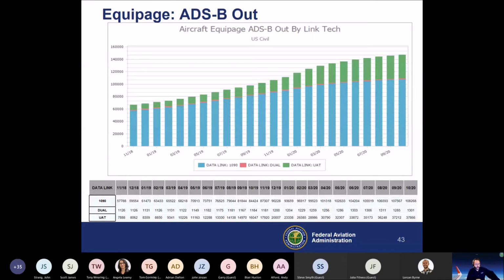What we saw around that time was the introduction in the market of a really low-end, affordable unit that was targeted at the GA market, and a lot of people decided to use that product. That really helped the numbers and continues to drive the UAT numbers up quite a bit, because it was just the most affordable solution that someone could implement.